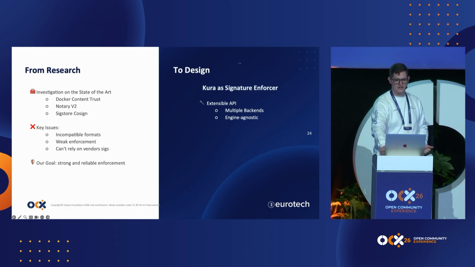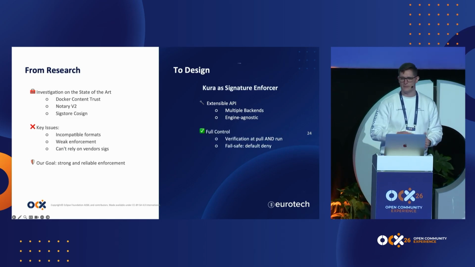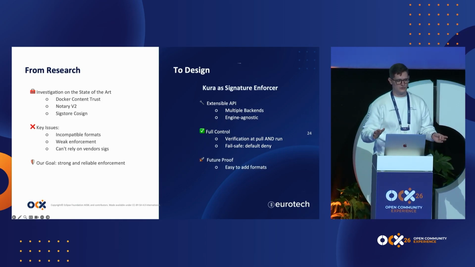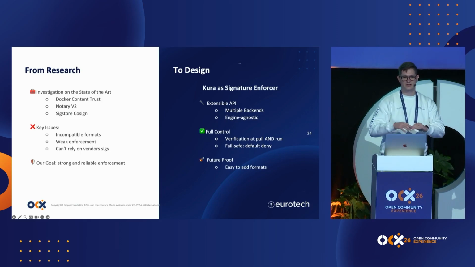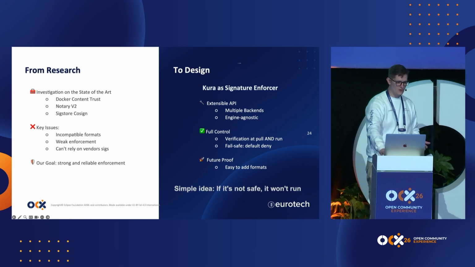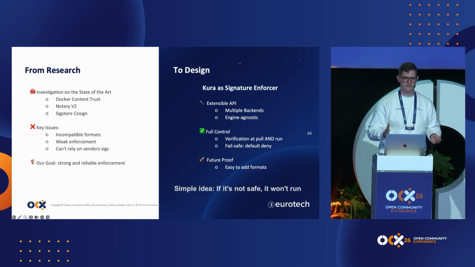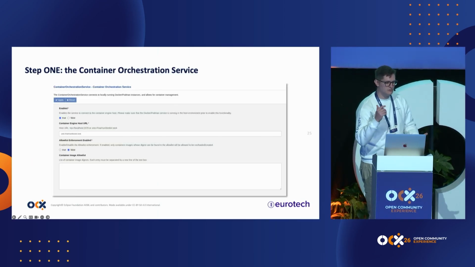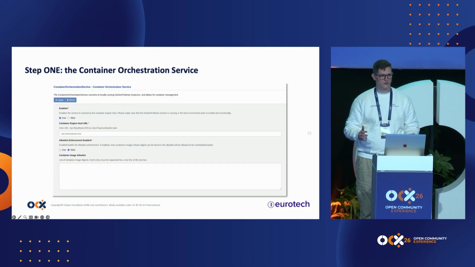We wanted extensible APIs that were totally agnostic with respect to the backends, the architecture, and the OS running on the devices, that give you full control of all the events that the engine could trigger, and that make it easy to add formats. So the simple idea that we started with is, if it's not safe for whatever reason, it won't run on our devices.